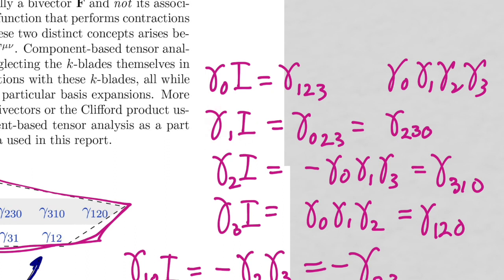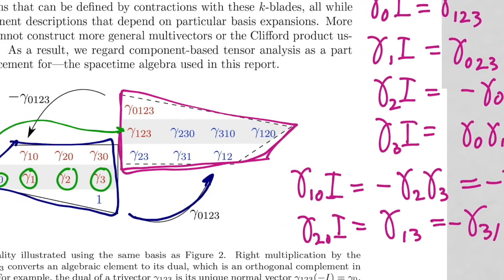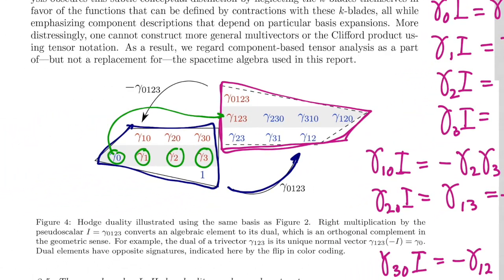And I did this calculation, and I came up with gamma 0, 2, 3, which is gamma 2, 3, 0. Those two are the same by exchange, right? You just move the 0 over 2 spots, and two shifts cancel. So you do get gamma 1 going to gamma 2, 3, 0.